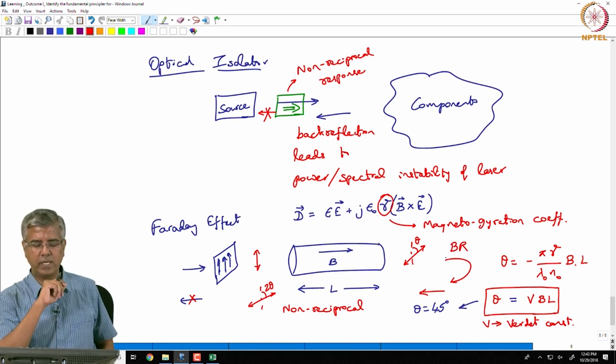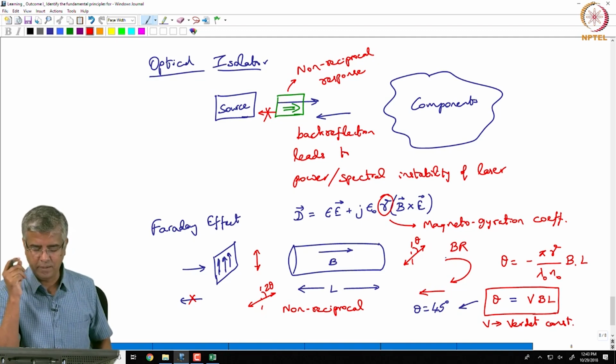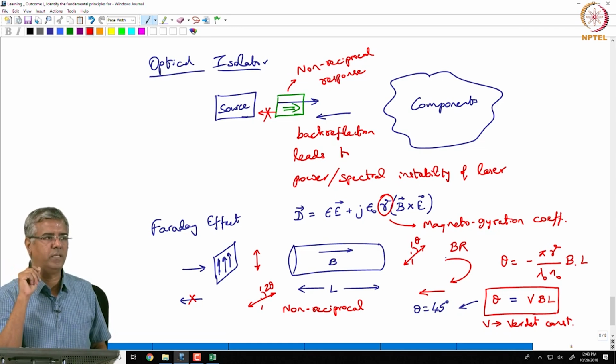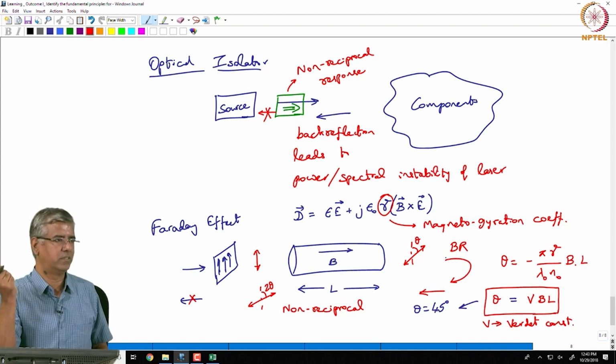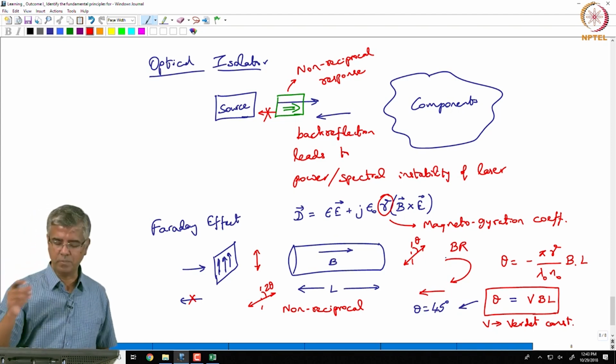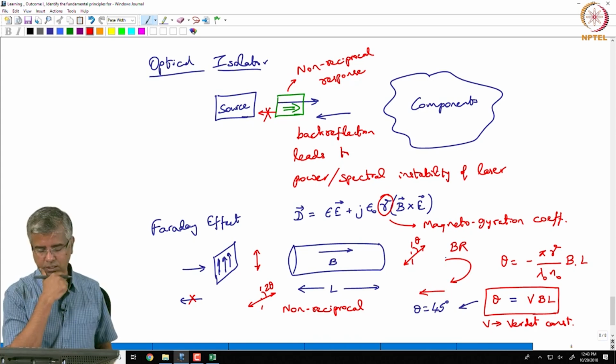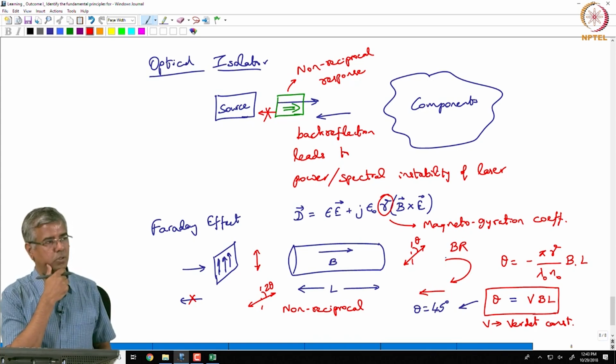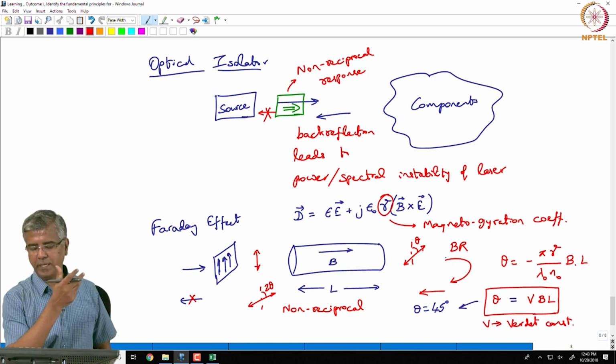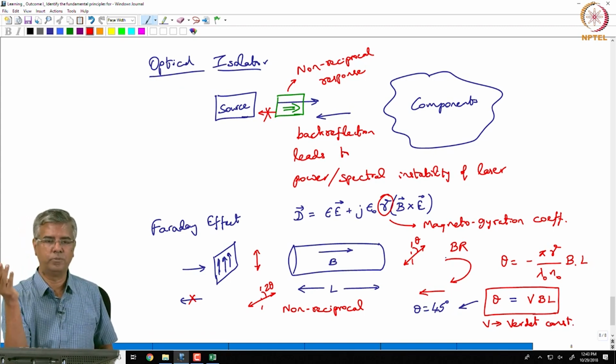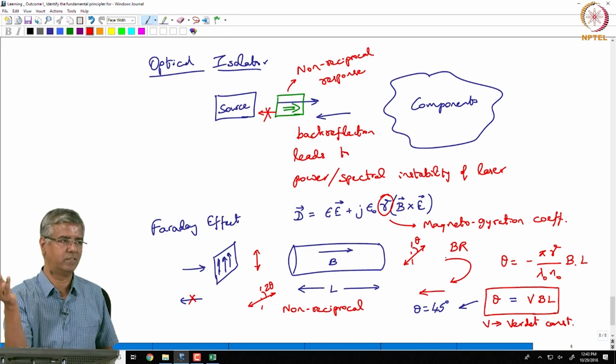That is good for most cases, but if you have a high power source, let us say a 100 watt source, 0.1% of it is still 100 milliwatts, right. So, 100 milliwatts may be a lot of power to handle at your original source. So, certain applications require you to have 50 or 60 dB isolation. So, what would you do?